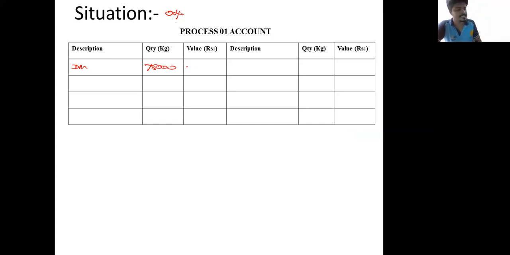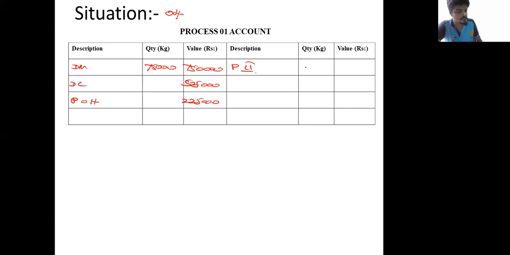Value of that is 750,000. Direct labor 525,000. Production overheads 225,000. There is output transferred into process 2 account, 60,000, and normal loss.